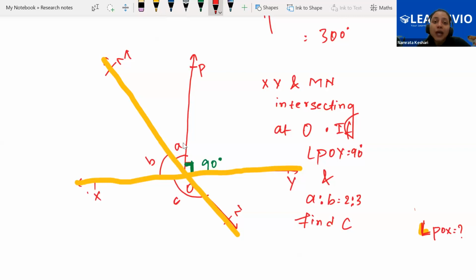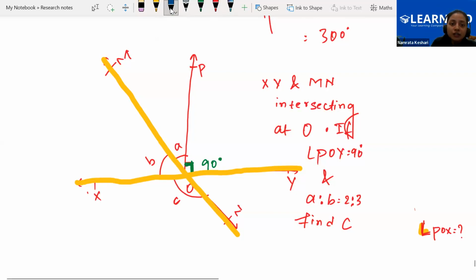Now here we can apply the theorem. Which theorem? The theorem which says that if a ray is standing on a line, then the sum of adjacent angles will be 180 degrees, or you can also say linear pair. Angle POY and POX are making a linear pair with each other. Can you see it?